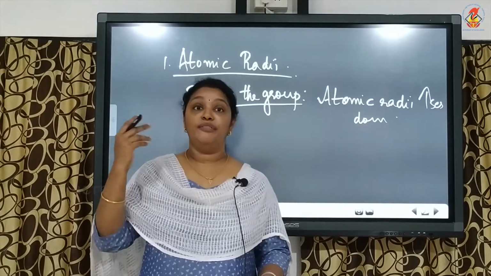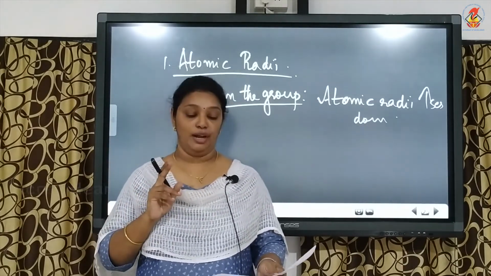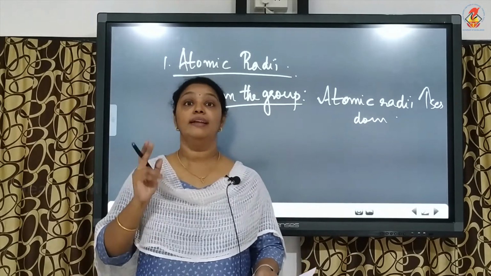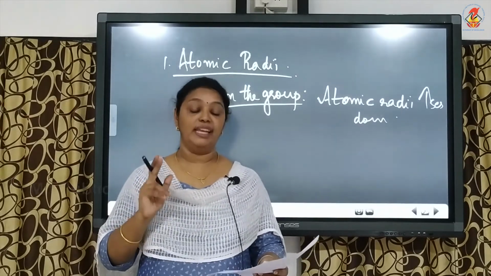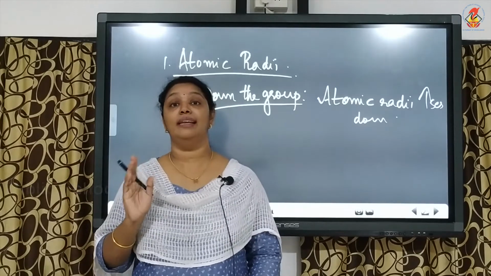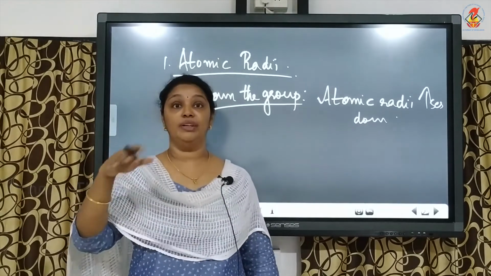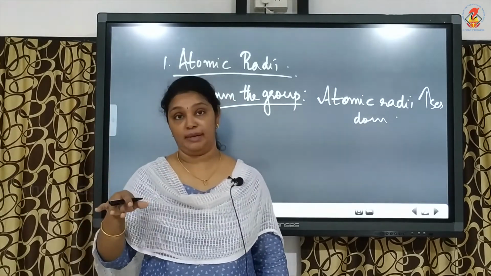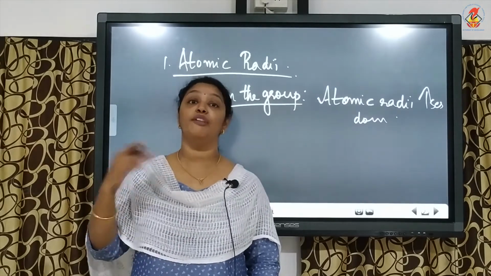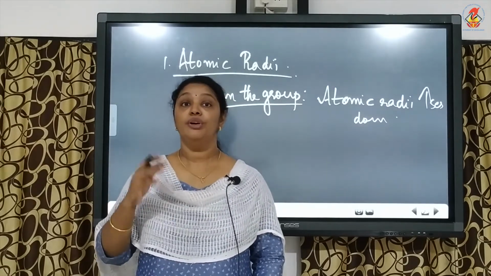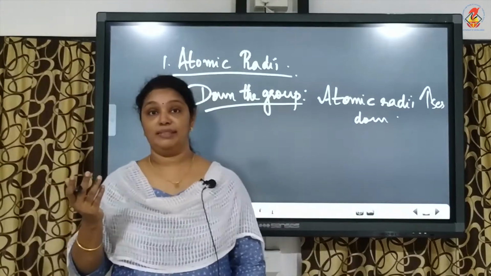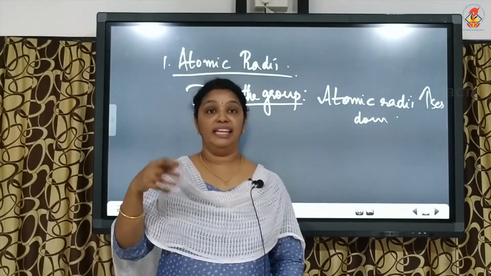But that effect of the increase in nuclear charge is less compared to the screening effect by the inner electrons. We know that when you come to the last elements of the periodic table, we have the d and f orbitals getting filled. So, what happens? There is a screening effect by the inner electrons.